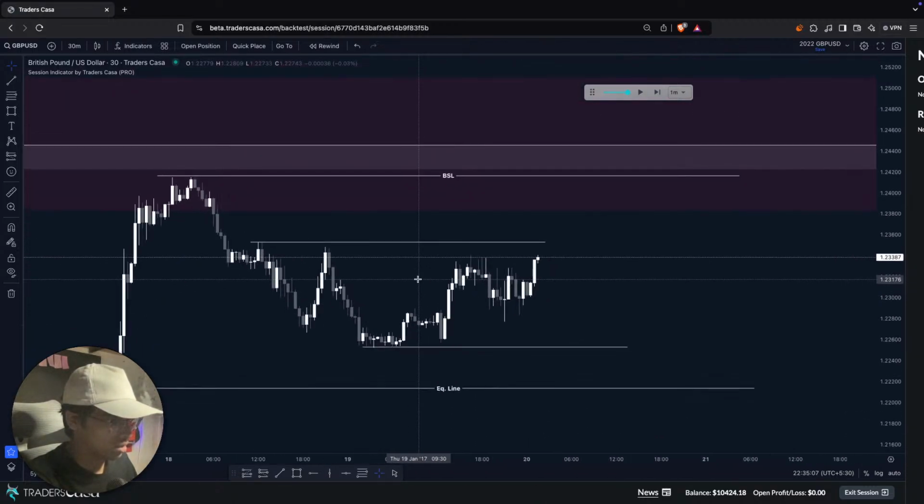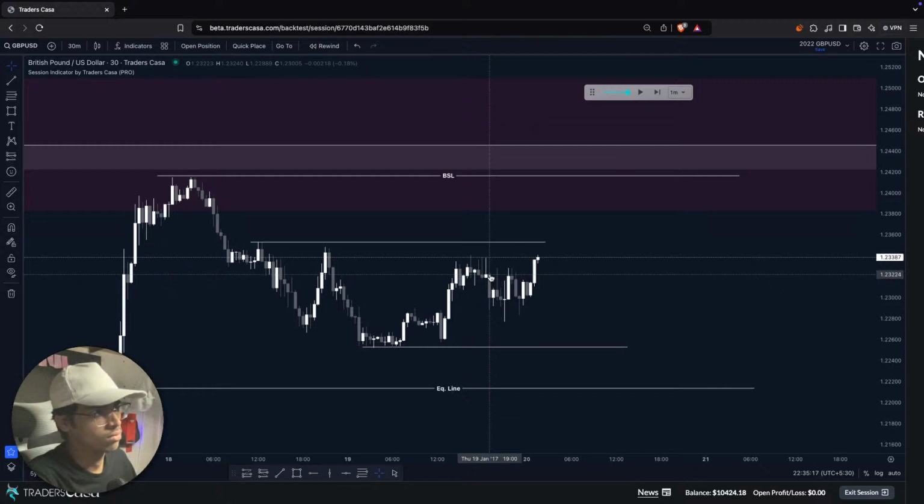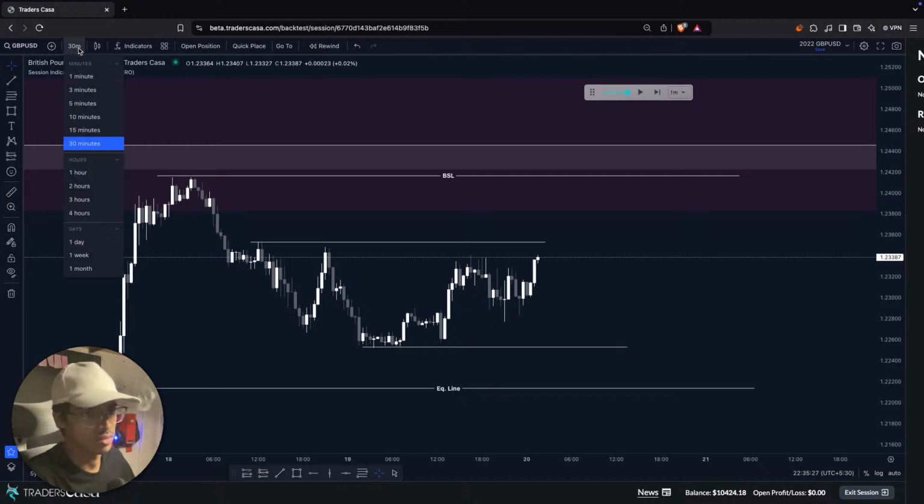Because it's backtesting, it is generating buy side liquidities. When it fell down at 19, 19 is not a good time because 19 is 7:30, so it's the end of 7:30. Could I have taken a trade on this one?